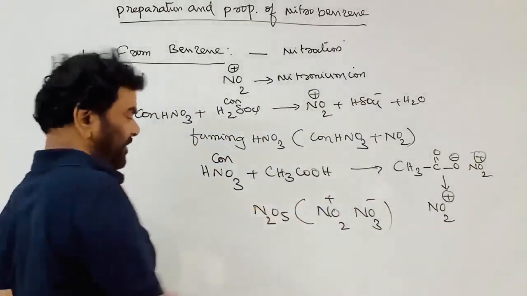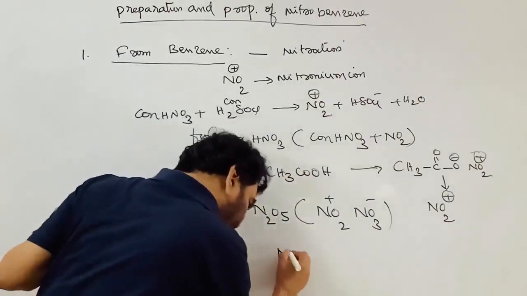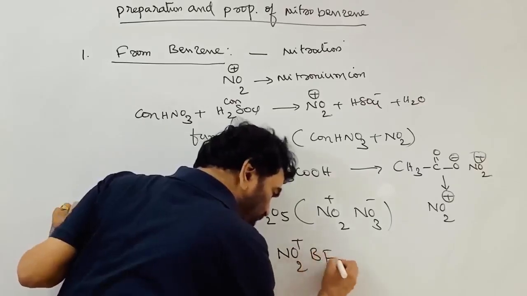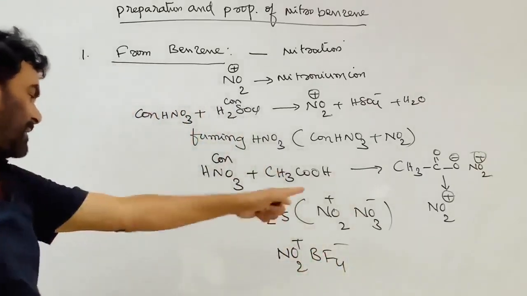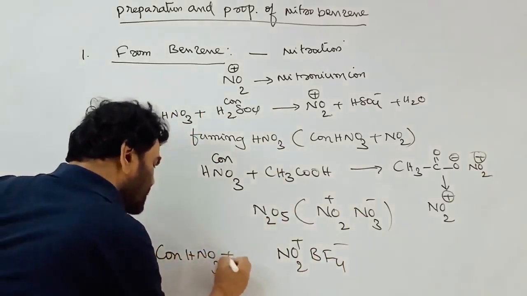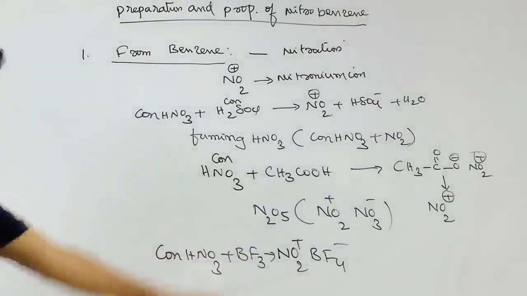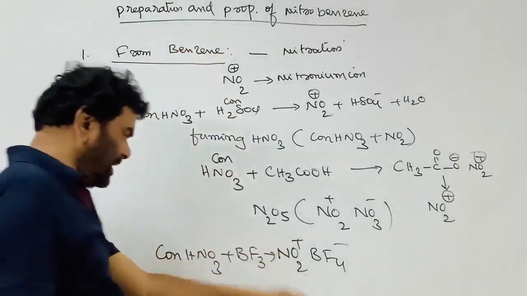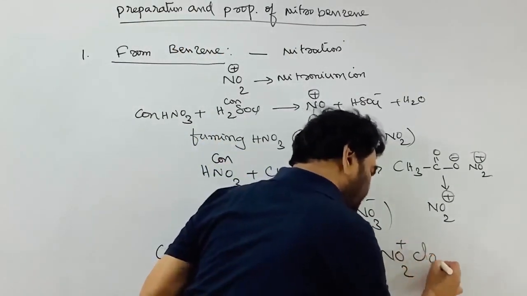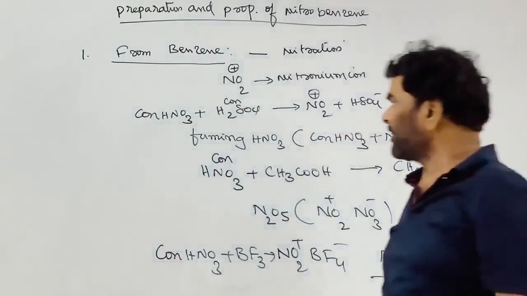Then there is nitronium fluoroborate, NO2+ BF4-: concentrated HNO3 plus BF3, boron trifluoride, gives this nitronium. There is also nitronium perchlorate, NO2+ ClO4-. These are all sources of the nitronium ion.